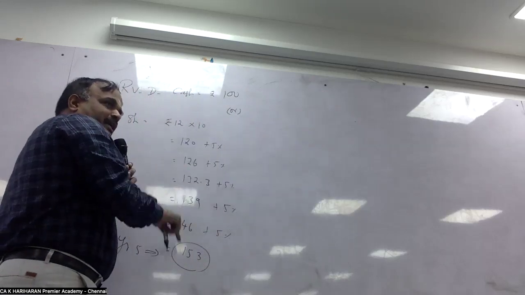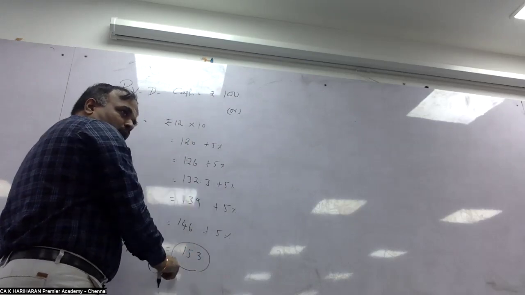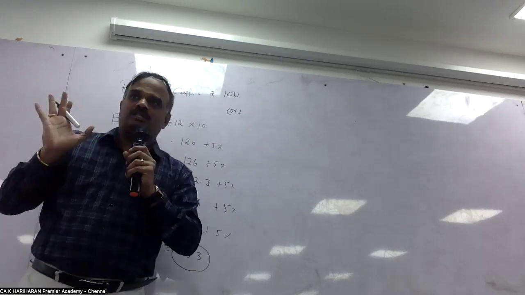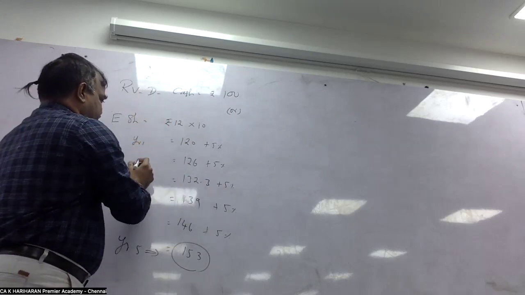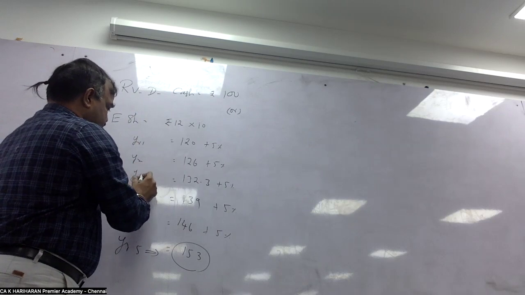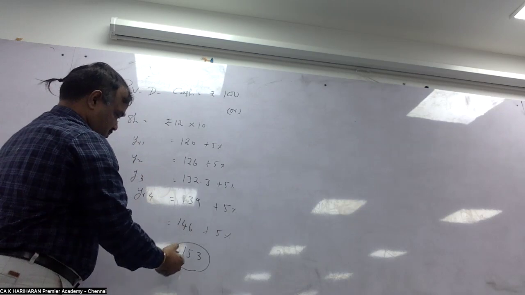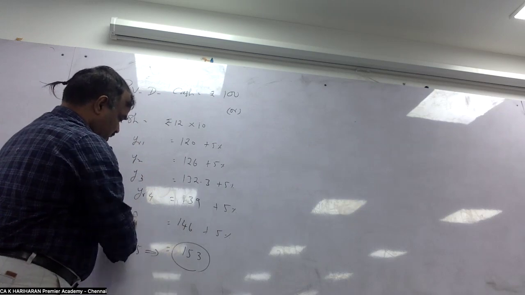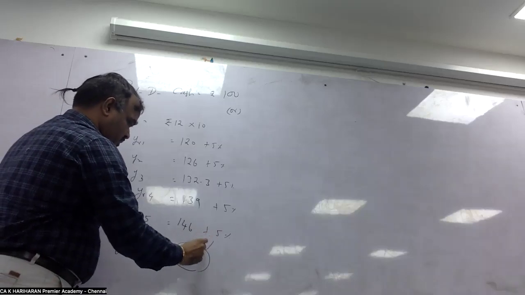Each debenture converts to 10 shares. Suppose the per share value is 15 into 10, which is 150. So every year, year 1, year 2, year 3, year 4 and year 5.